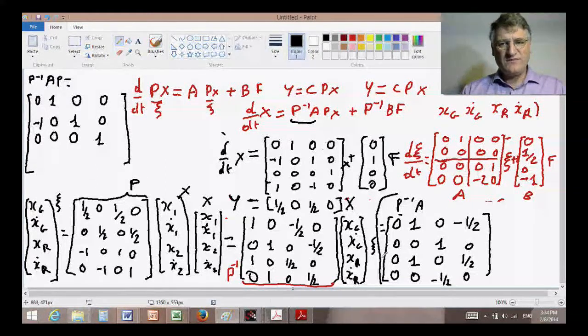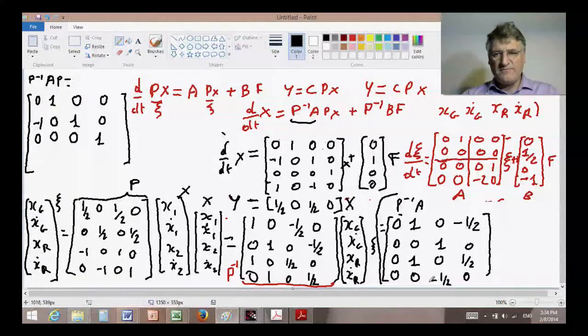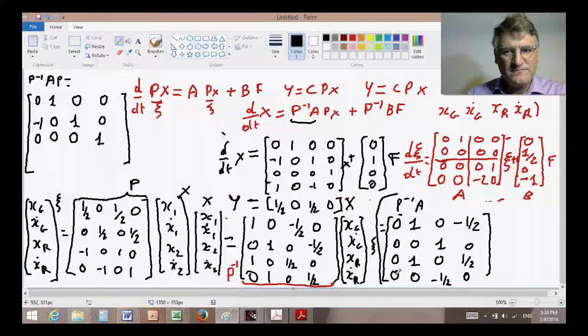Last row, 0 times 1/2 plus 0 times 0 minus 1/2. Hold on a second. Let me repeat.